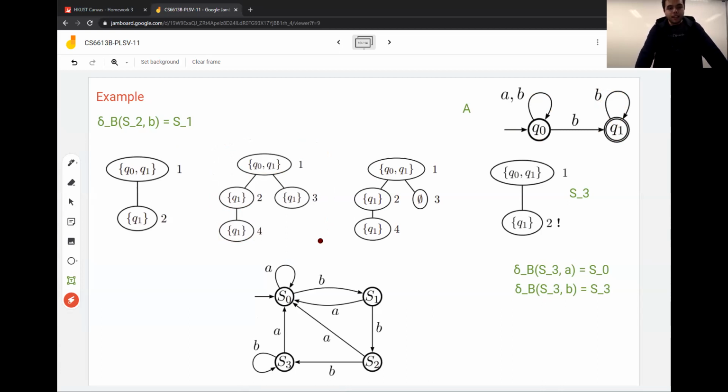Okay, the next thing that we did was that we looked at vertices that are siblings, and if there is a state that appears in several siblings, we only keep the leftmost one. So here, Q1 appears in both 2 and 3. So we remove it from 3, and 3 becomes the empty set. Okay.